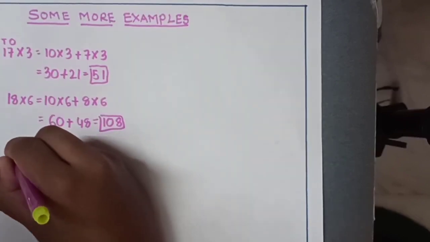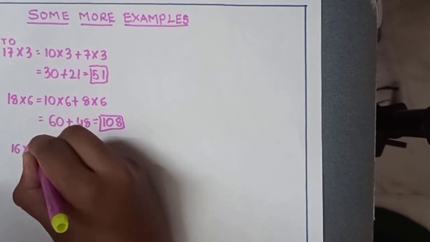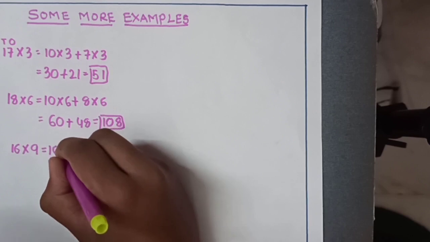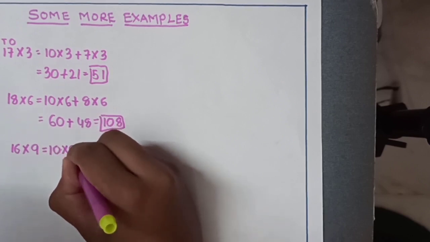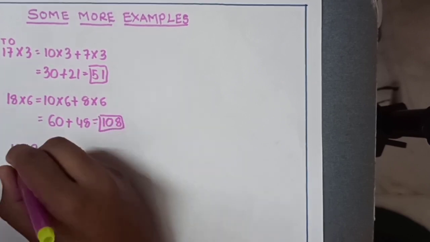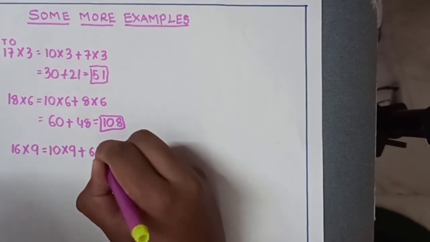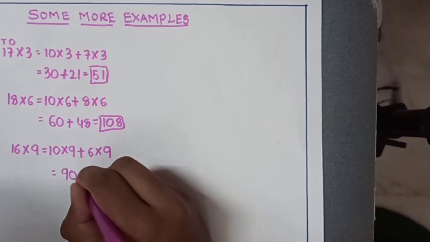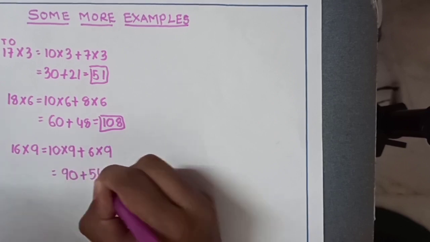Next one, 16 into 9. 1 as 10 into 9 plus 6 into 9. We get 90 plus 54.